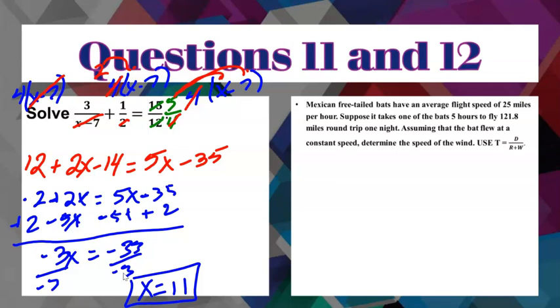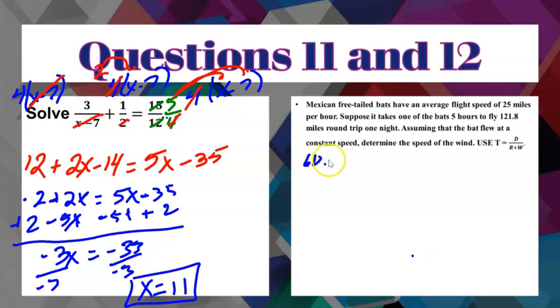So we're going to use the total time. So we're going to take the time for one direction plus the time on the way back, which is going to give us the total time. So the total distance is 121.8, but we're going to cut it into two trips. Trip 1 is 121.8 divided by 2, which is 60.9.